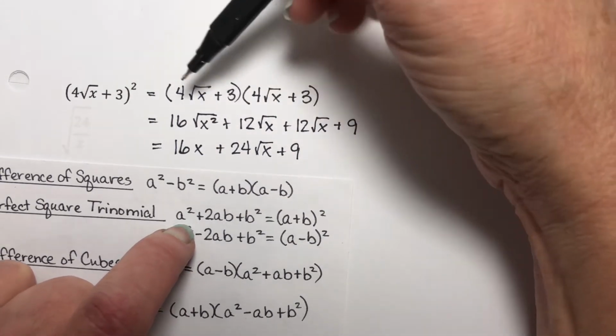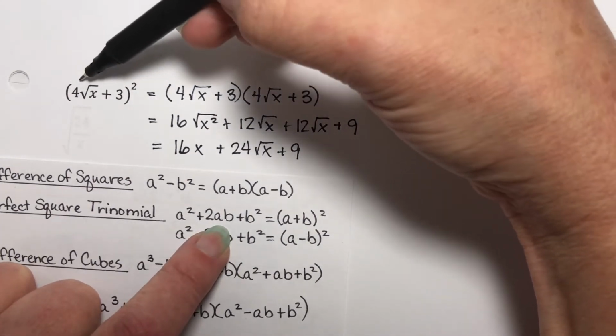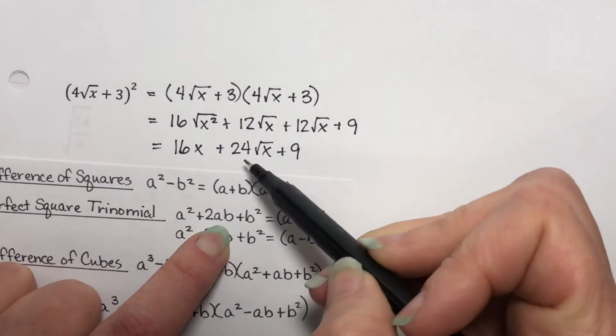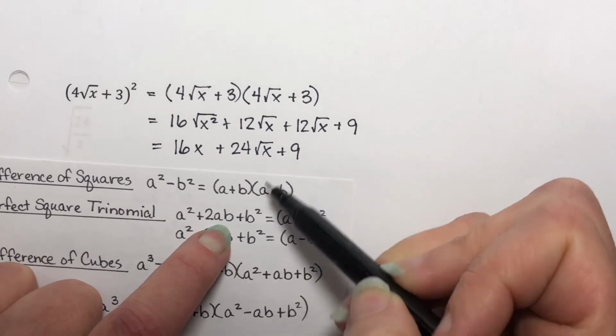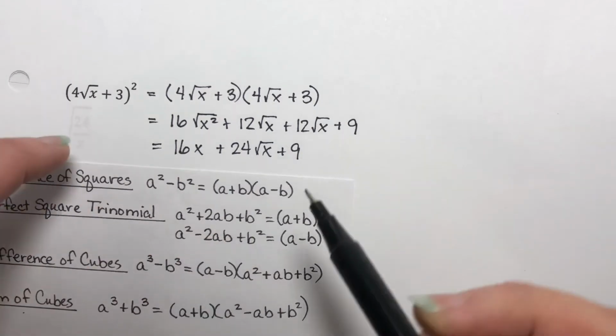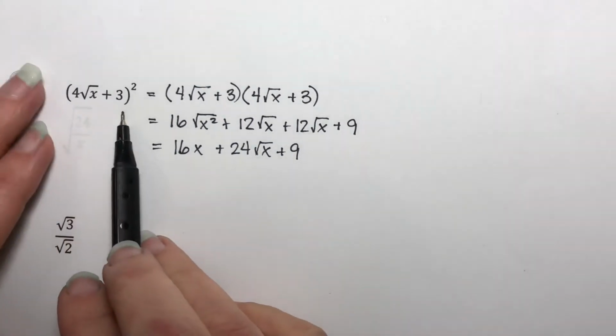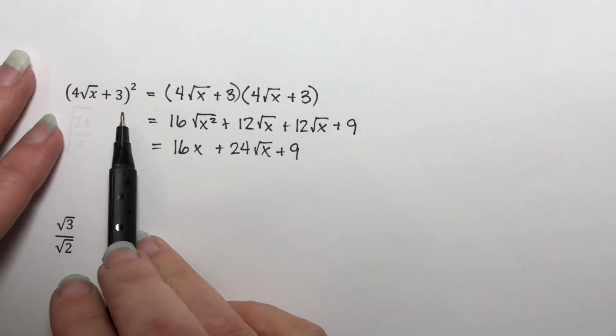Then it says you multiply these two things together, which gives you 12 square root of x, and then you double it, which does give you 24 square root of x, plus your last thing squared, which is 9. We are going to be squaring things like this a lot in the next section.